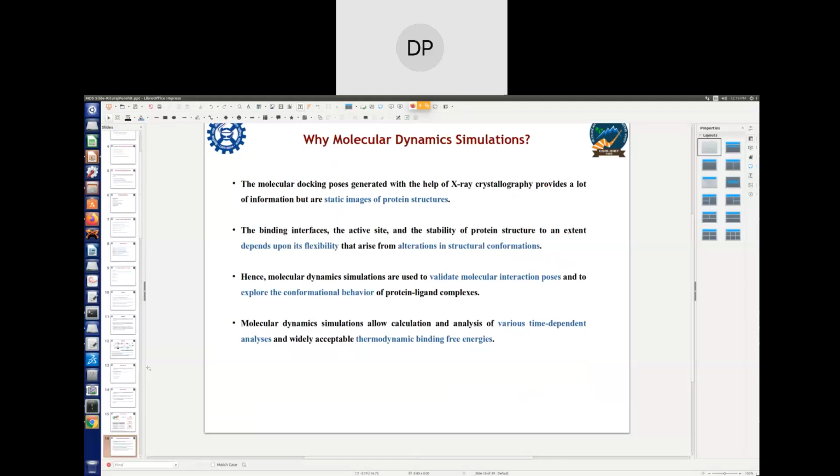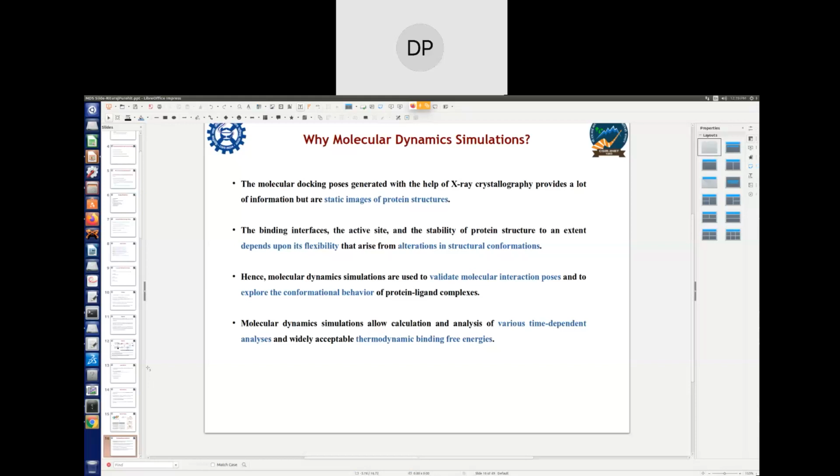Now, after having the protein-ligand complex from docking, we have some score, right? But as you know, docking will only provide the static pose of the protein and ligand. You do not have the dynamic pose. What will happen after 10 seconds, you do not know. Whether you will get the ligand in the same position or not, you don't know. So for that, you need a protein dynamic simulation.